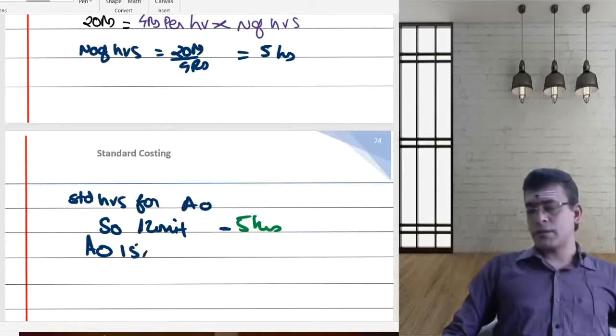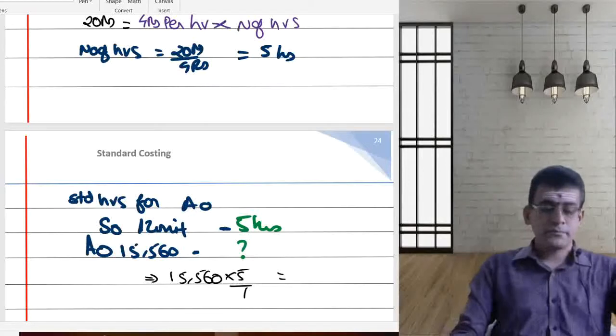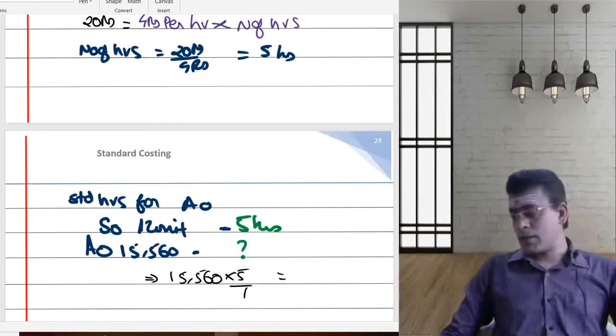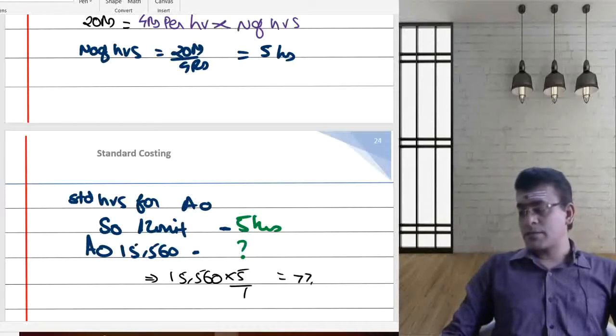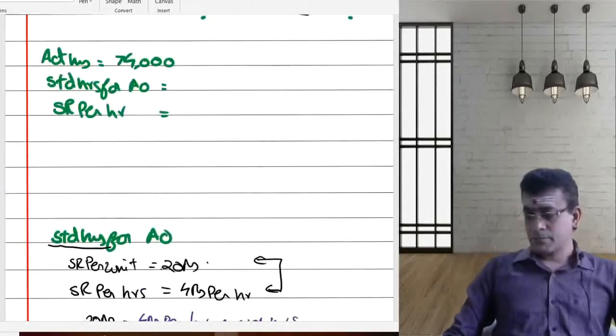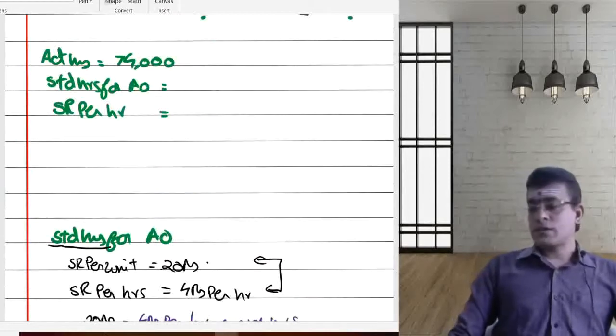Actual output is 15,560 units. To produce this, how many hours are required? Ultimately it is simply a cross multiplication: 15,560 into 5 divided by 1. So how much are you getting? 15,560 into 5 divided by 1 gives you 77,800. So ultimately, standard hours for actual output is now what?